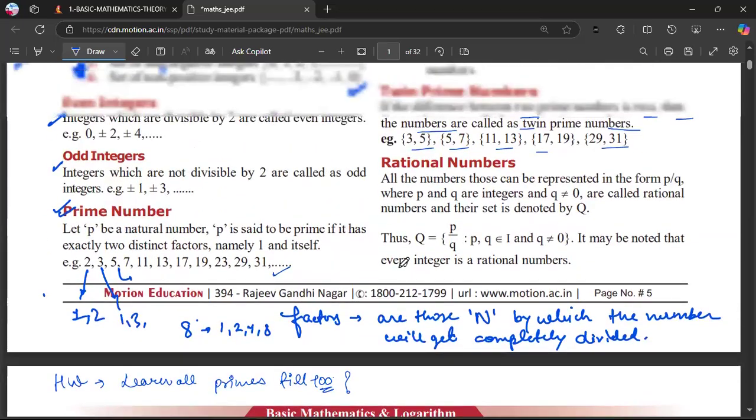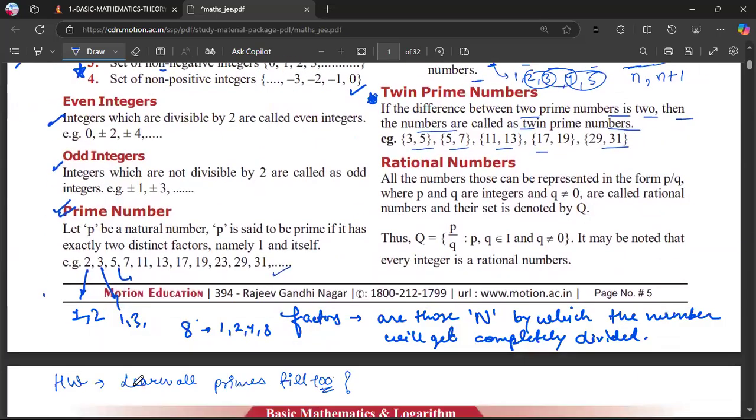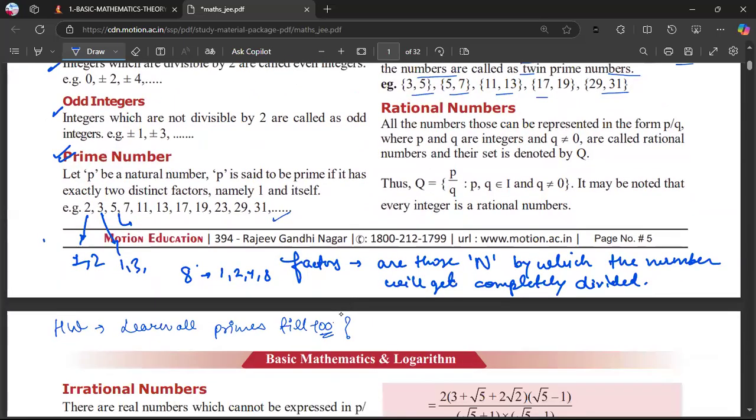Learn all prime numbers till 100, and at least till 50. Also learn how many prime numbers there are from 1 to 10, 1 to 25, 1 to 50, and 1 to 100. These are two homework tasks.